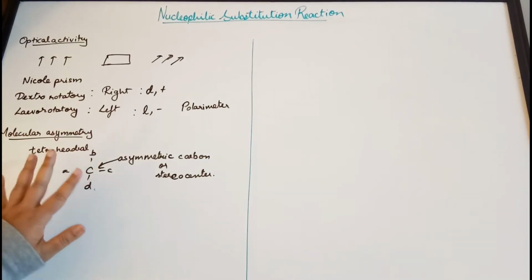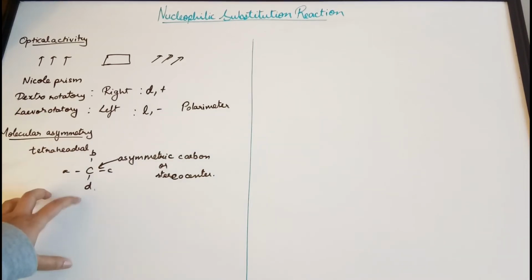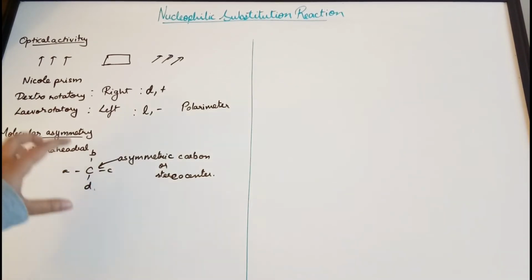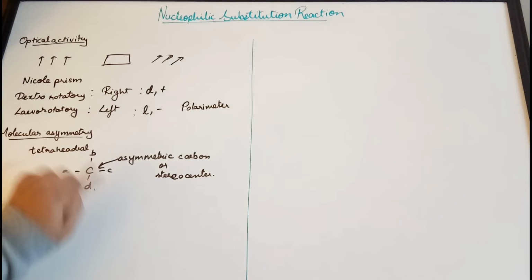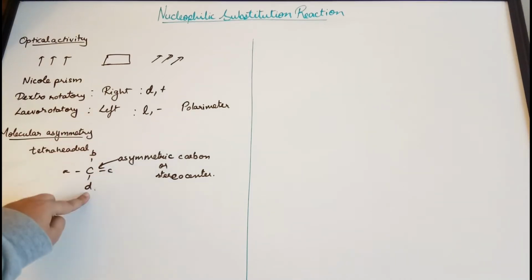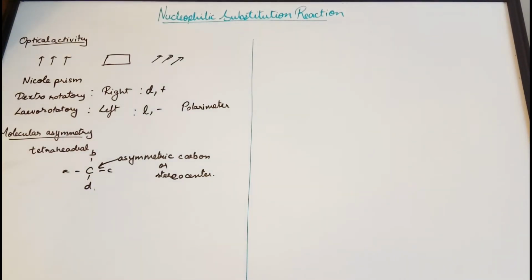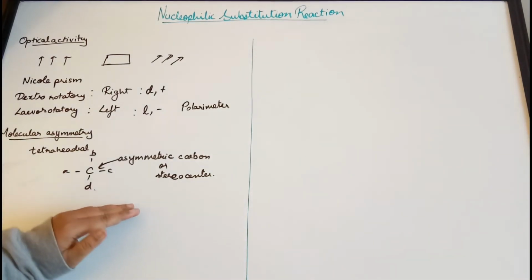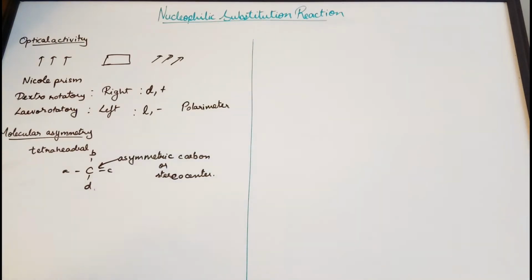Then it is called an asymmetric carbon, or also a stereo center. Due to this, it is able to show optical activity. Now the asymmetric carbon alone does not, but you also have the non-superimposability of the mirror image that leads to the optical activity of a compound. So that is molecular asymmetry.